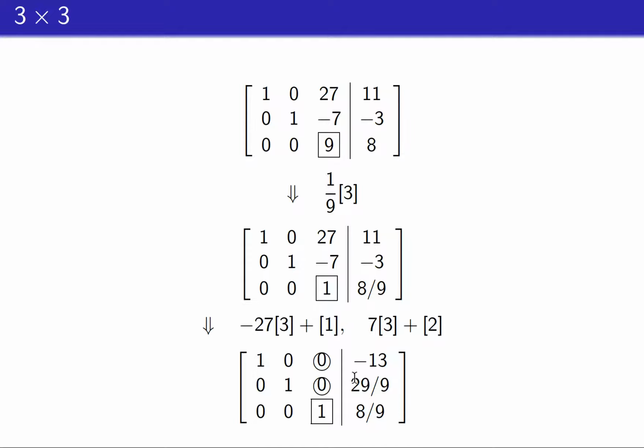This is what I mean by using the ones to get these to 0. I'm using this 1 in the third row, and then multiplying this third row by something added to this one. Multiply the third row by 7 and add it to this one. So I'm always using this 1 that I attained at this step. And then there we go. This is our answer.